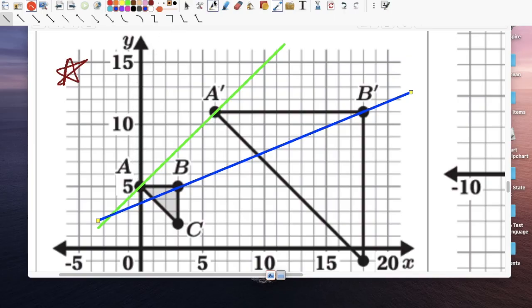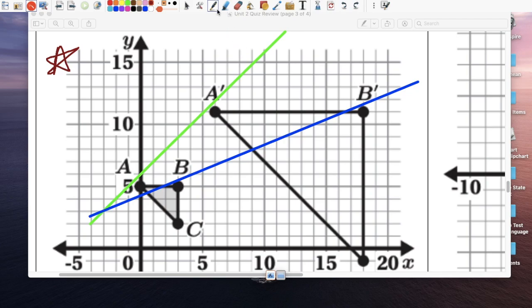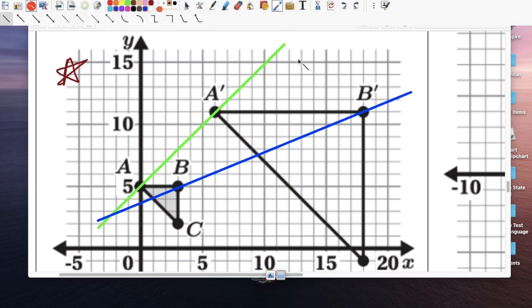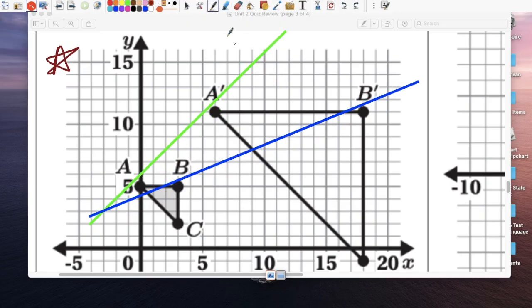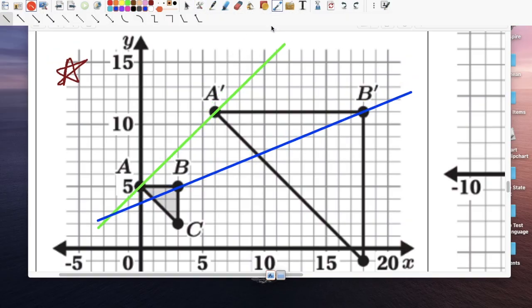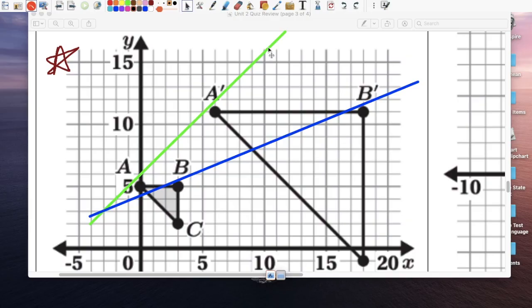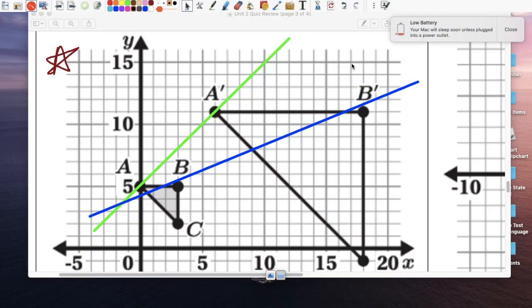And remember, where those two lines meet, which according to this, oh my god, I don't know why the lines keep moving, so let me move it. Okay, there. Oh no, battery. There. And there.